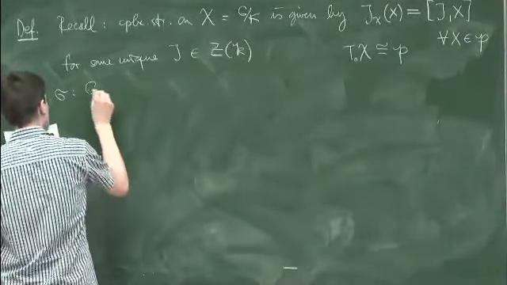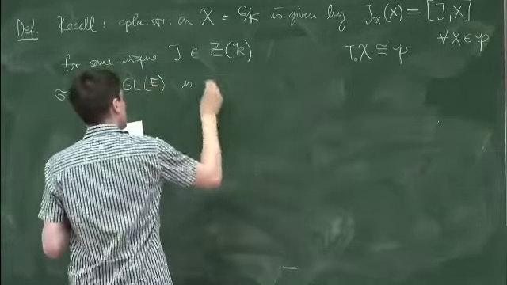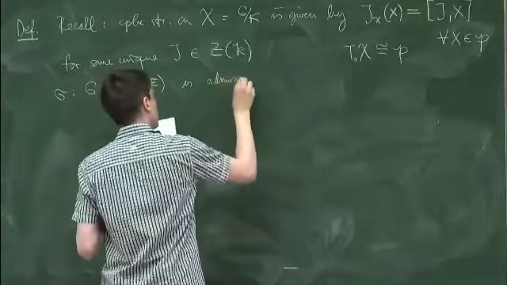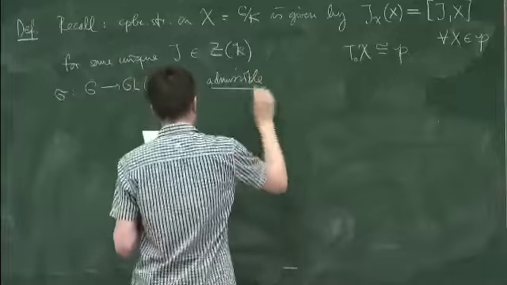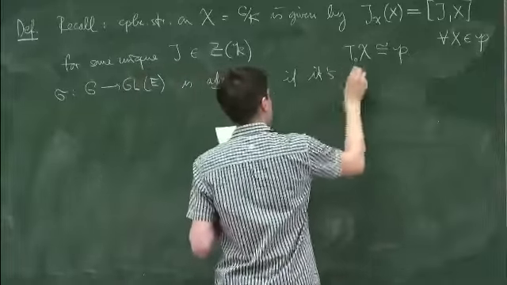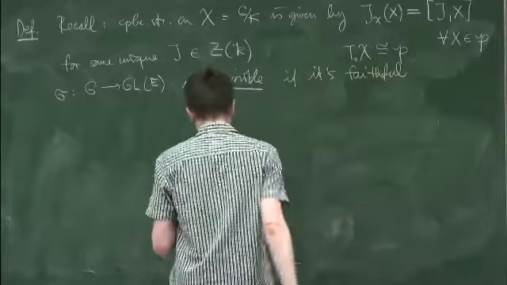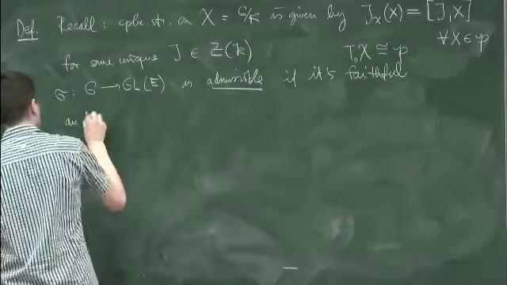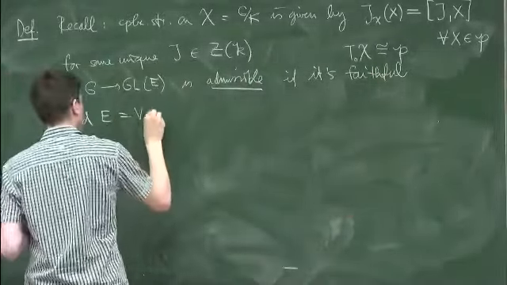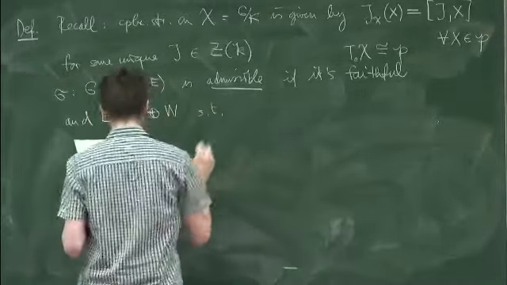The representation sigma of G into GL(E) is admissible if it's faithful and if the vector space E splits as V direct sum W for subspaces such that the following holds.